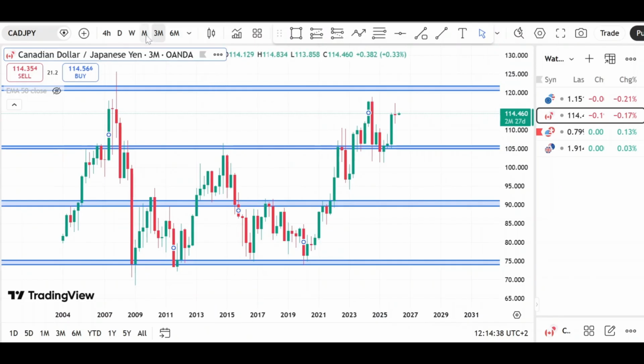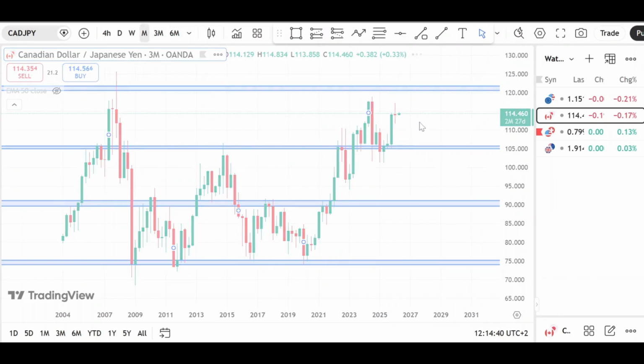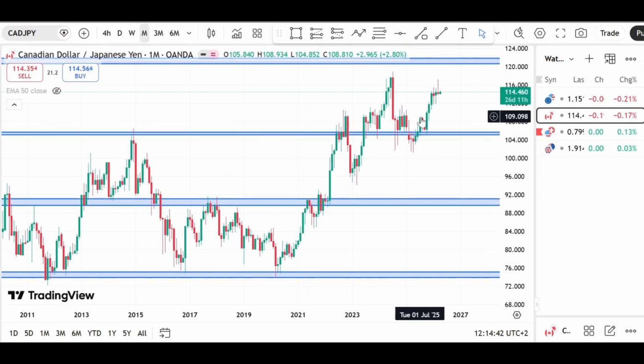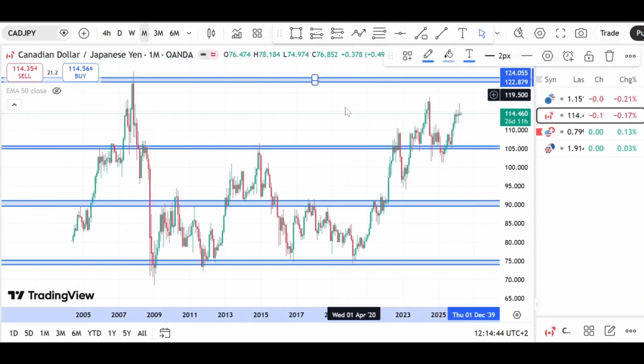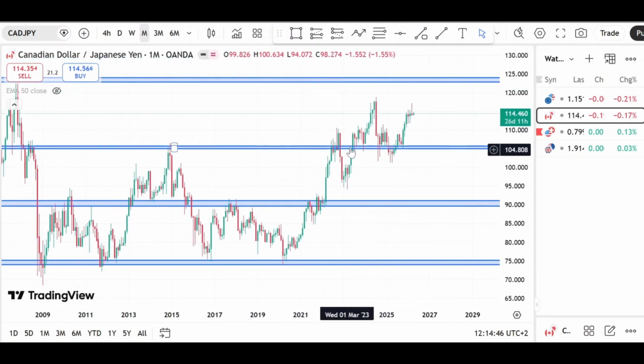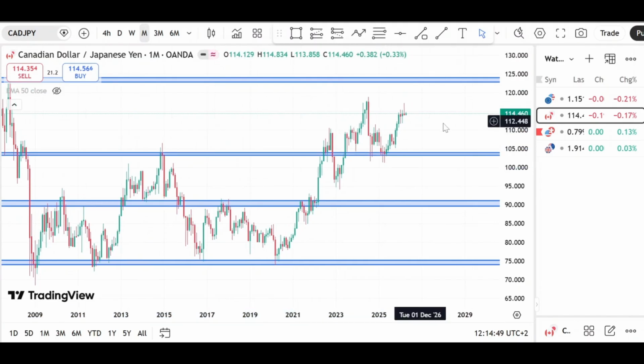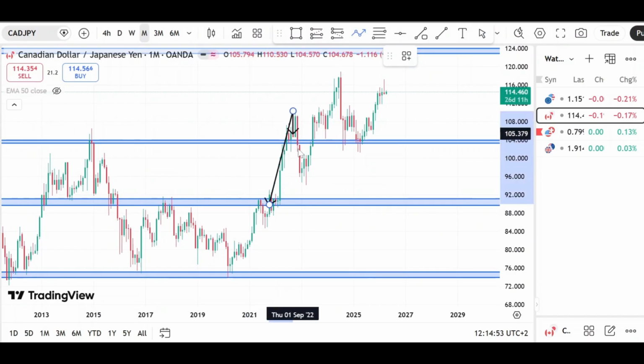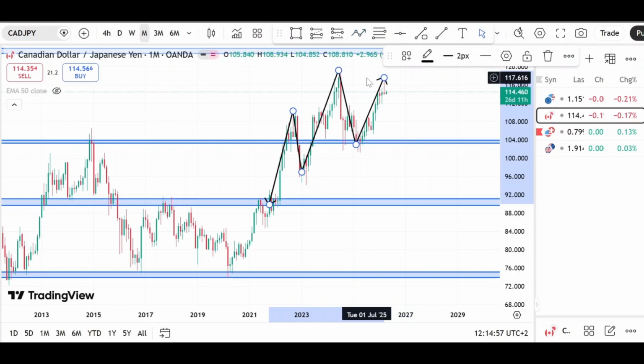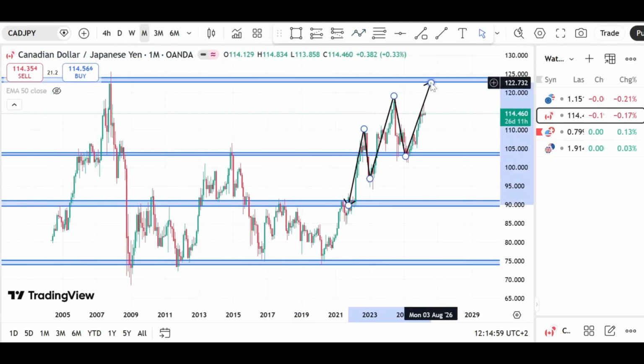Okay, let's go to the monthly time frame to see what I'm talking about. As we can see, I said that we are in an uptrend. Clearly we are in an uptrend, where we are seeing that block of structure retests: higher high, higher high again, higher low. We can expect that the price will retest this zone.